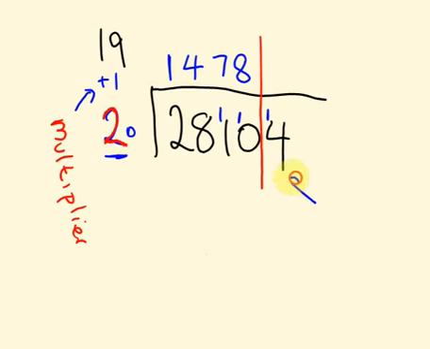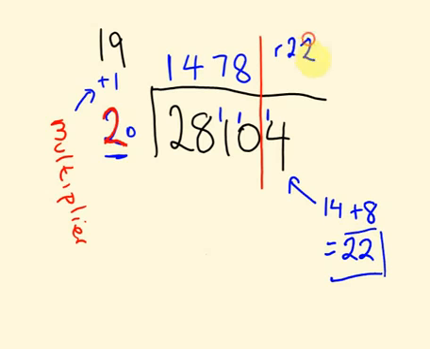So we're going to get 14, and we add this 8 to it, which we times by the multiplier, which also is 8. So 14 plus 8 equals 22. Now what you're going to notice about this 22 is that the remainder is bigger than the number we're actually dividing by. So we can get a 19 out of this.